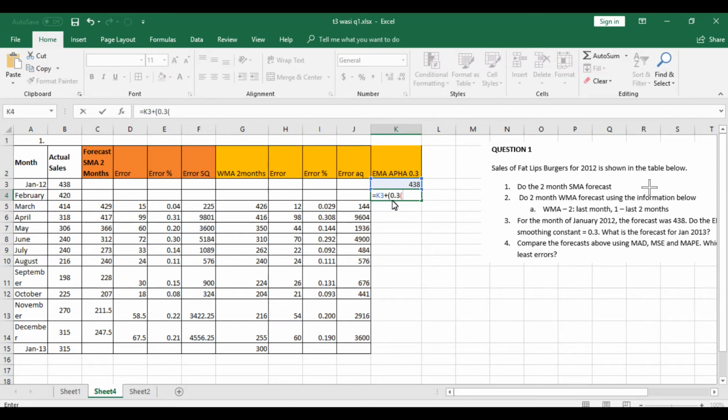I didn't close the bracket here, you guys can see. So I have to take last period actual minus last period forecasted, and two brackets to close this, because I am using two brackets here.